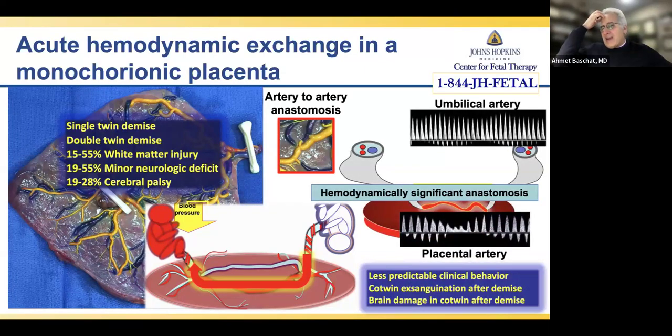And the clinical sign of these vessels is basically a variable umbilical artery blood flow pattern, which is due to fluctuations in the blood flow pulses from one baby to the other. And sometimes you can also image these anastomoses directly on the placenta. And these anastomoses are responsible for less predictable clinical behavior, co-twin exsanguination after demise, and brain damage in the co-twin after single twin demise.